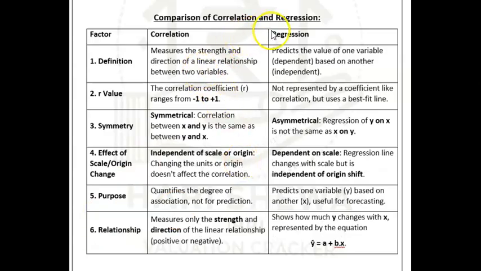Comparison of correlation and regression. Definition: correlation measures the extent and direction of the linear relationship between two variables. If you know the two variables, with correlation you measure the extent and direction of the linear relationship.